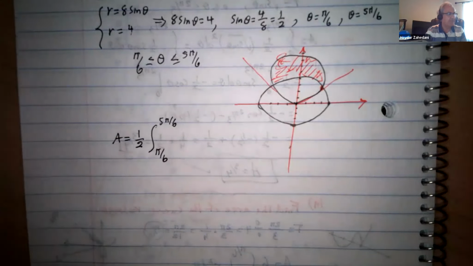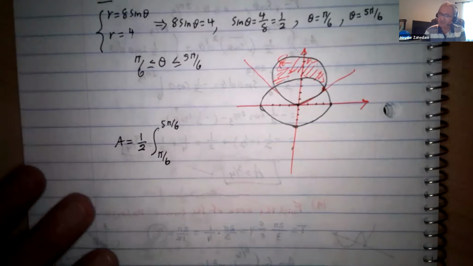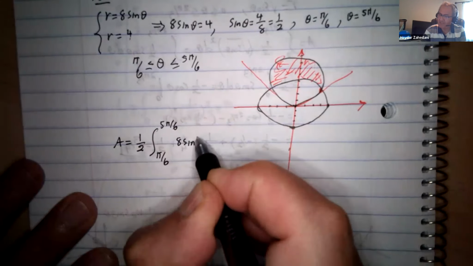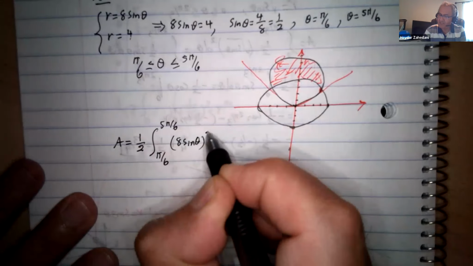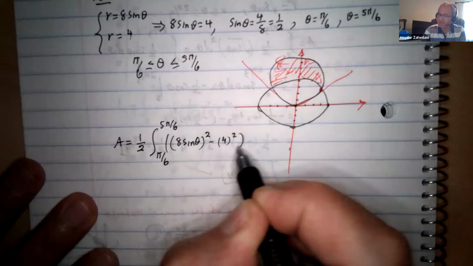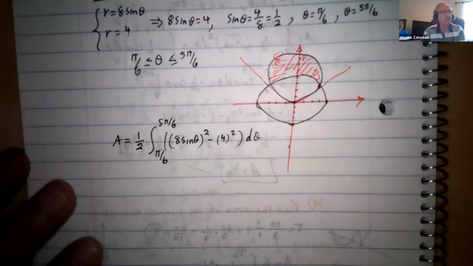So we find the integral of the difference. The first function is (8 sine theta) squared minus the second function, 4 squared, then everything d theta.